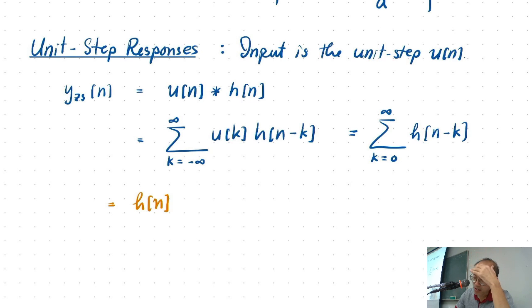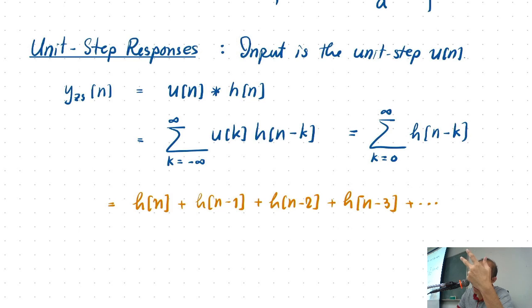When k is 1, I have h of n minus 1. When k is 2, I have h of n minus 2. When k is 3, I have h of n minus 3. And this goes on forever, because k goes to infinity.